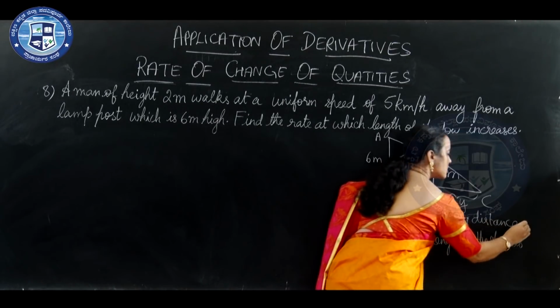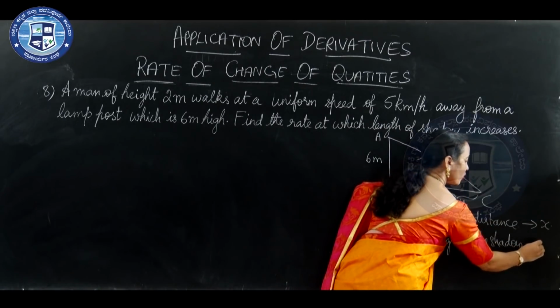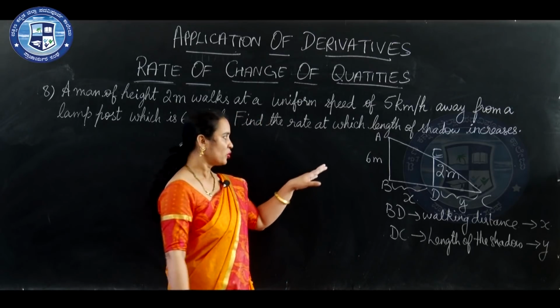So walking distance we have taken as X, and length of the shadow we have taken as Y. So this is the diagram you have to draw.